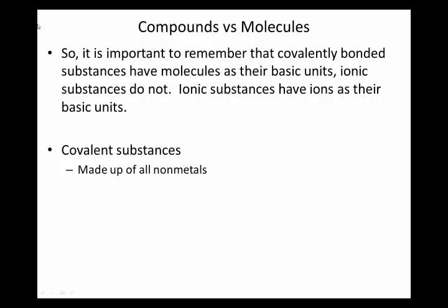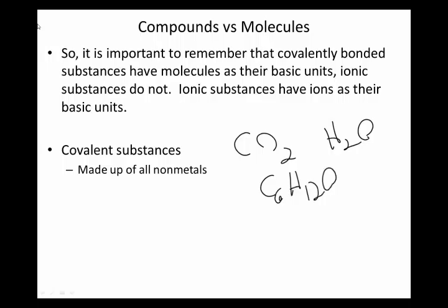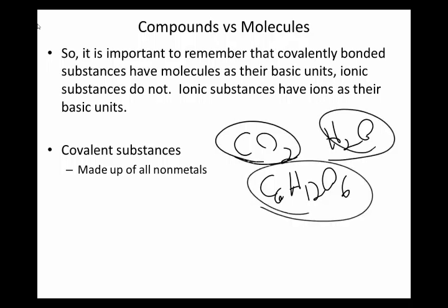So if you see a formula like CO2, H2O, C6H12O6, these have nothing but nonmetals in them. Carbon and oxygen are nonmetals. Hydrogen and oxygen are nonmetals. Carbon, hydrogen, and oxygen are all nonmetals. These are all covalent. OF2, nonmetals, so these are molecular.